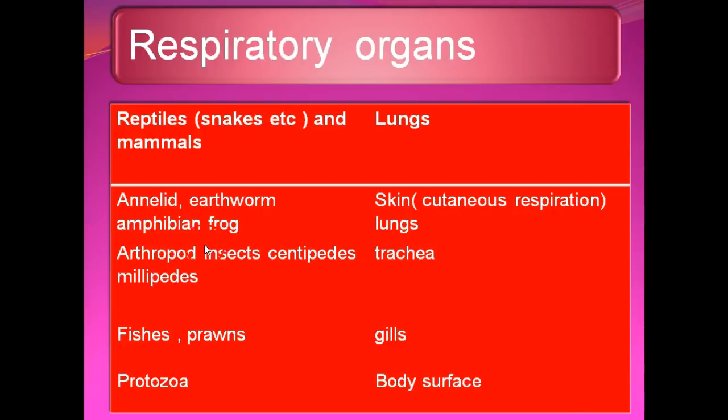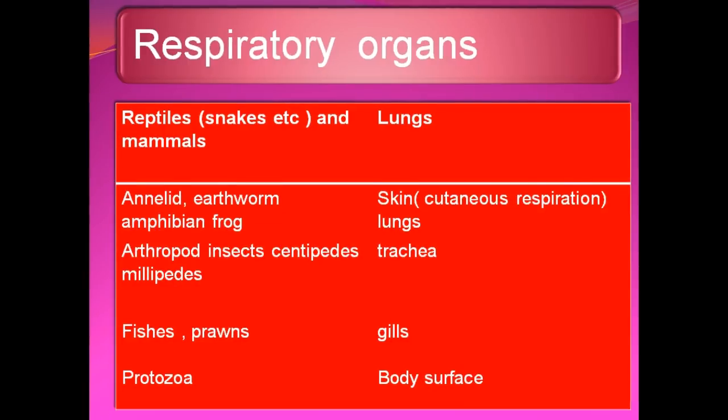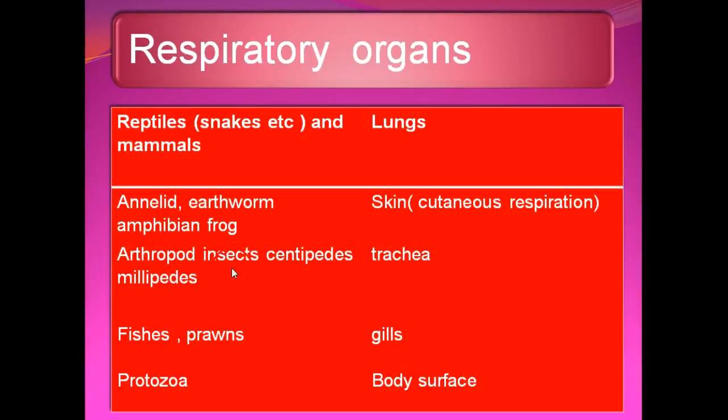Here the rate of oxygen diffusion is very low, so cutaneous respiration is also found in amphibians. In arthropods, that is insects, centipedes, millipedes, etc., trachea is the respiratory organ. In fishes and prawns, gills are the respiratory organ. And in protozoa, respiration takes place through the body surface.